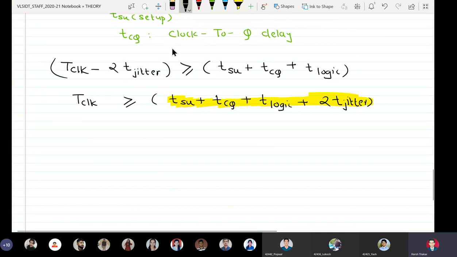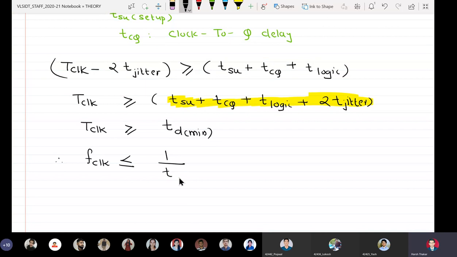So that is why I can represent this as TCLK should be greater than TD min. Therefore I can very well say that FCLK should be less than or equal to 1 over TD min. This is very important.